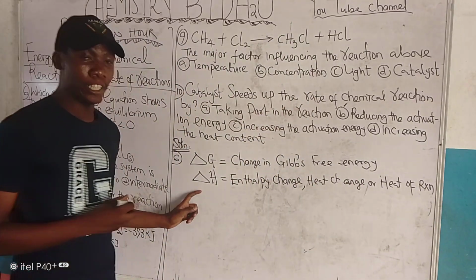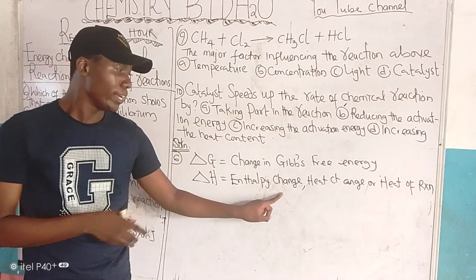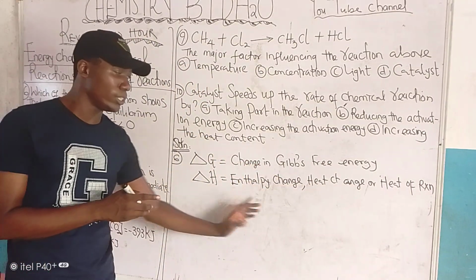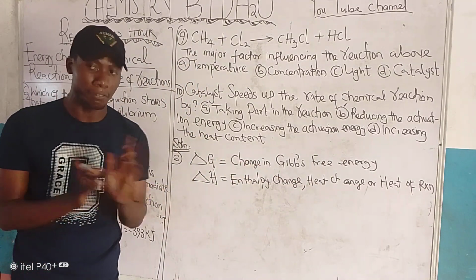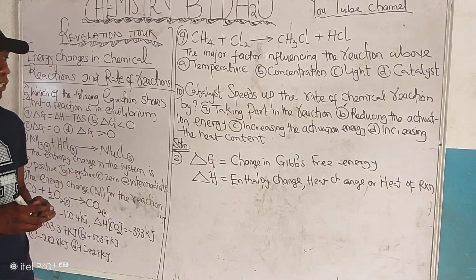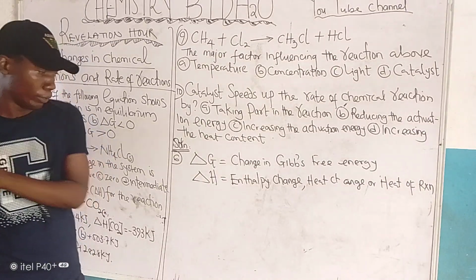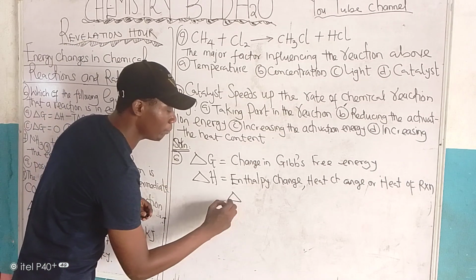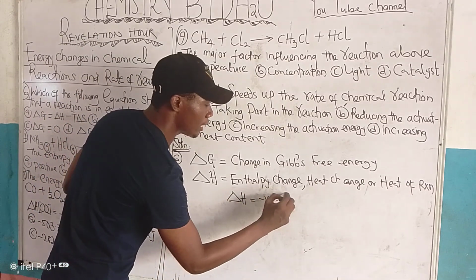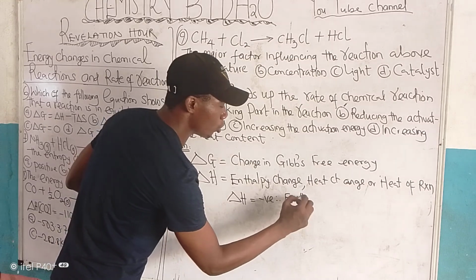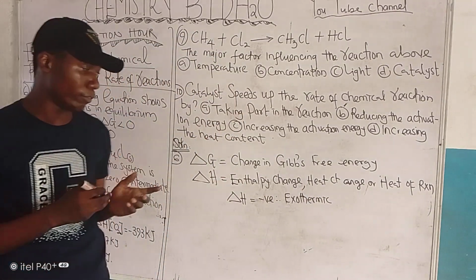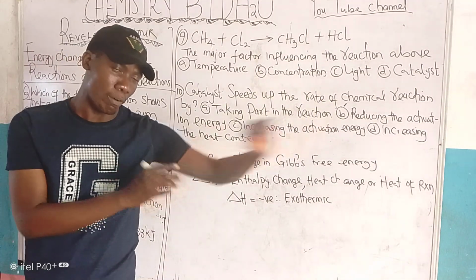So this is called enthalpy change, heat change, or heat of reaction. So wherever you see this in your exam, know that they are referring to one particular thing, which is delta H. Now remember, they have told you before that if your enthalpy change happens to be negative, the reaction is said to be exothermic. An exothermic reaction is one that involves the liberation of heat to the surrounding.